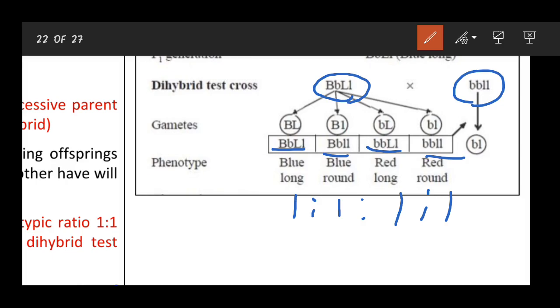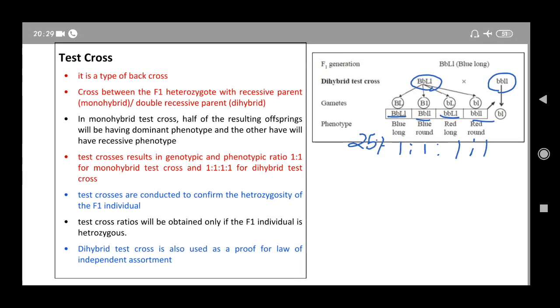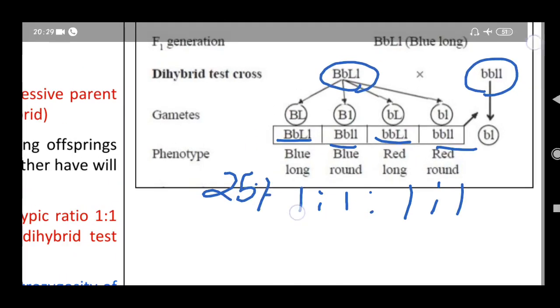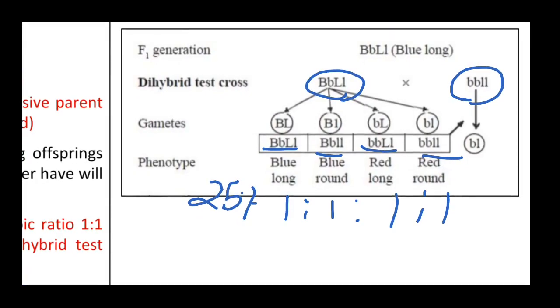They are having equal chances. That means 25% chance for every offspring to be produced, and this is what is called the dihybrid test cross. In a dihybrid test cross, this particular recessive parent is also called a double recessive parent. In some references or some problems you come across such a term, double recessive.